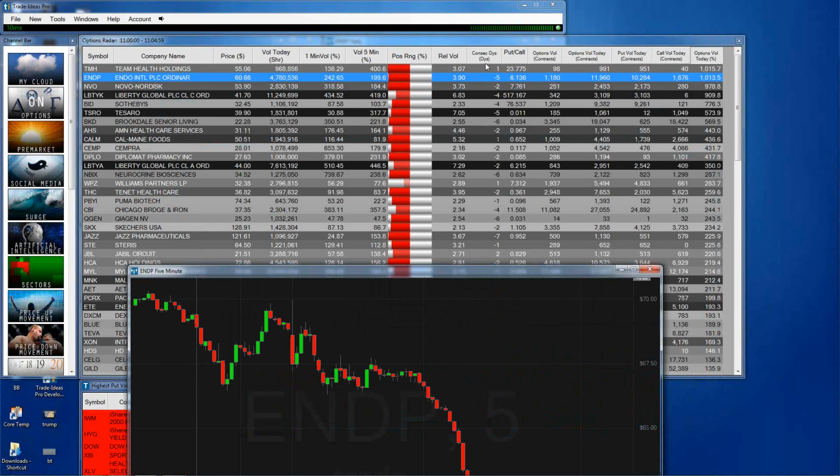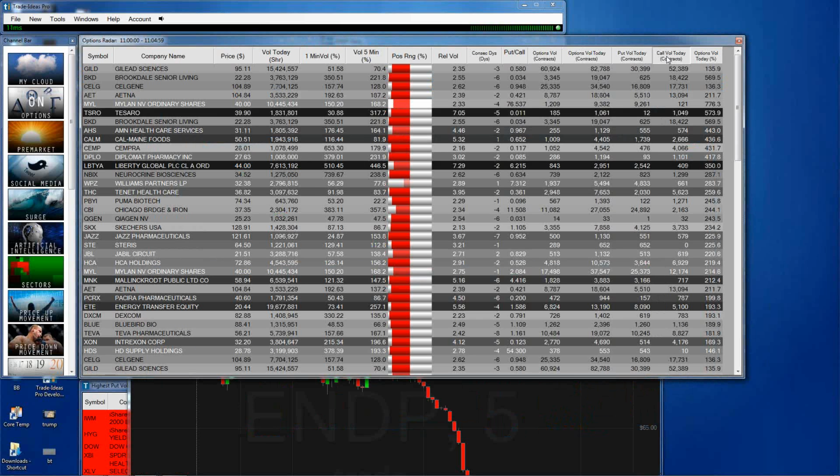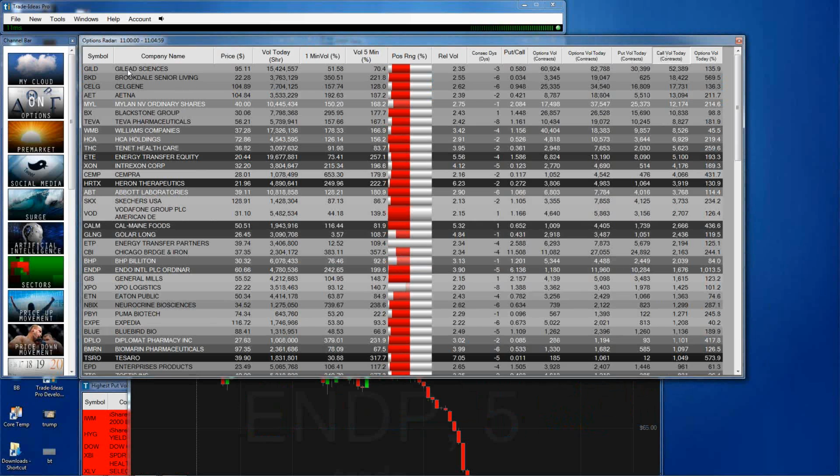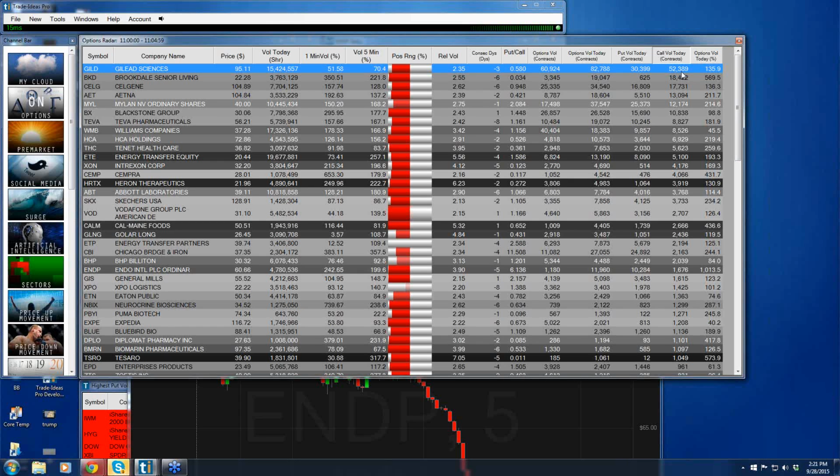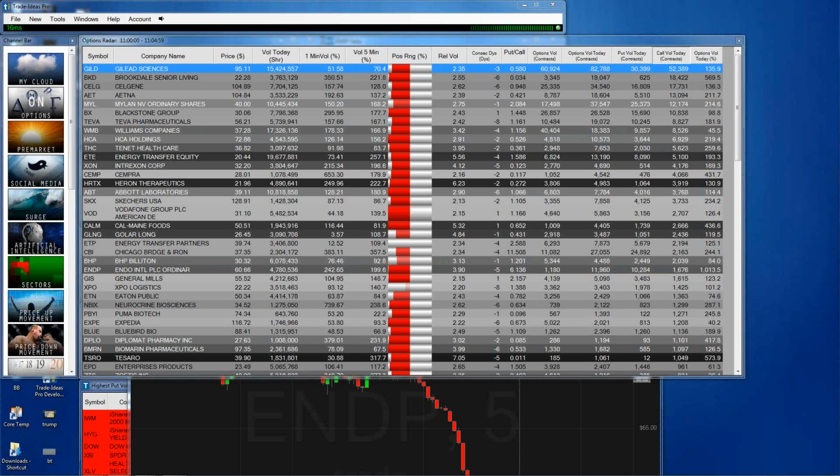All right, so then let's take another simple example here. Let's resort by call volume. So here we have Gilead Sciences. Did a little bit above average as far as overall go today, but it was the leader as far as the call options go. 52,000 on the call side, 30,000 on the put side, but not really that much of a difference. It did do a lot of volume on the relative volume side.